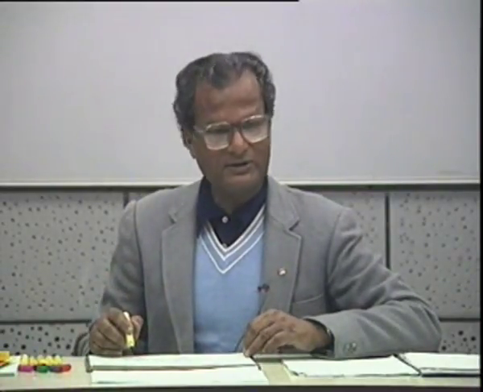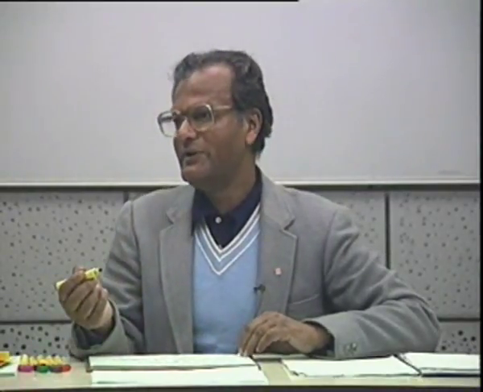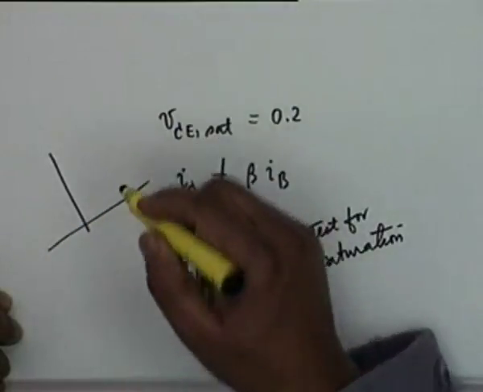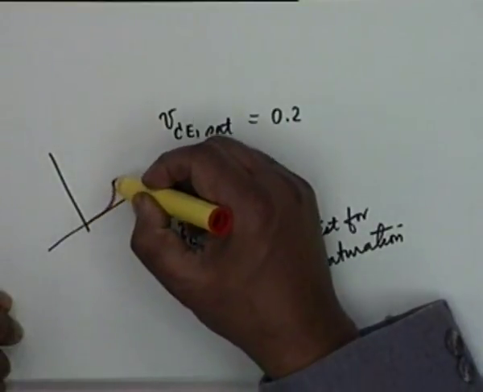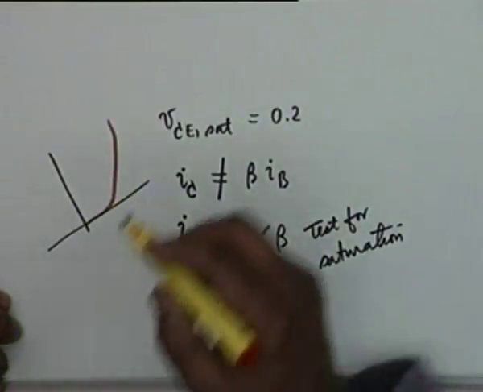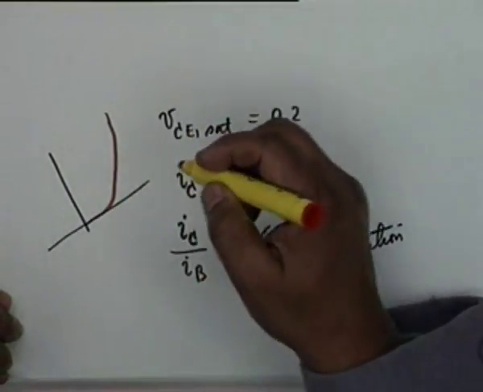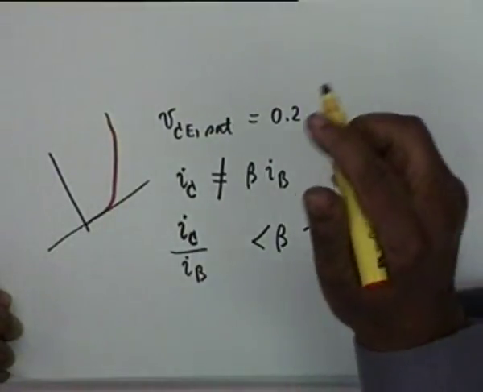And when saturation occurs, the base emitter voltage VBE also has a limit, because after all you remember that the diode characteristic is like this. It cannot go beyond a certain voltage, and now we must be careful.